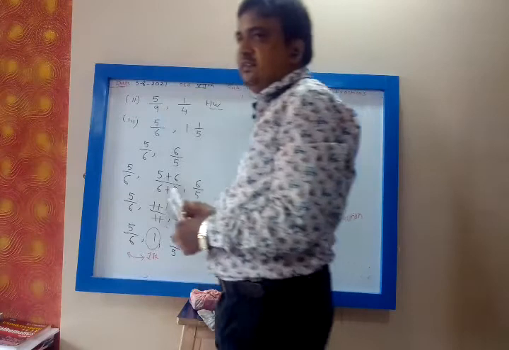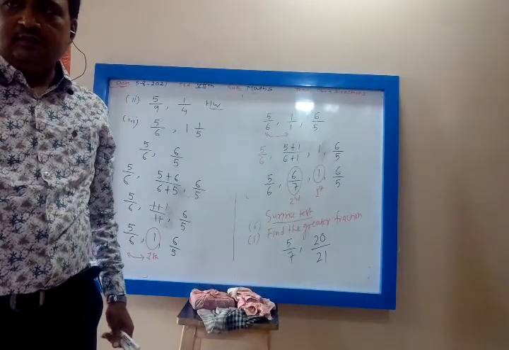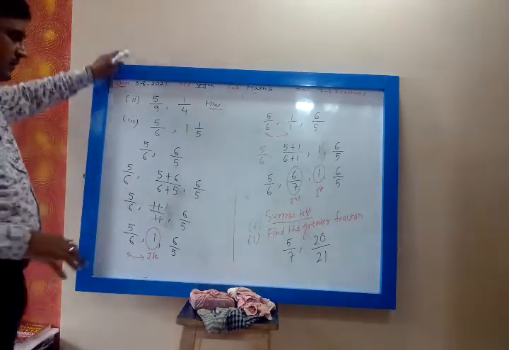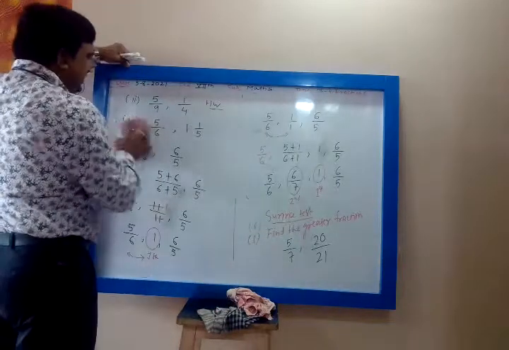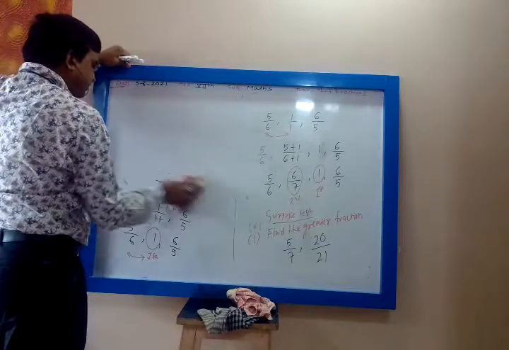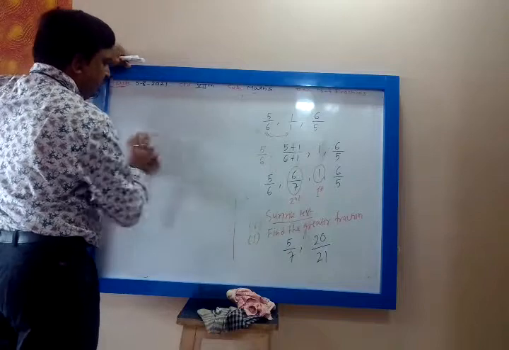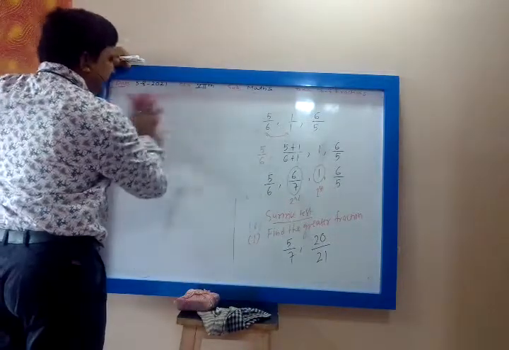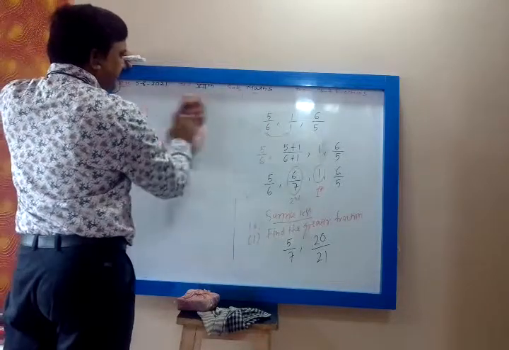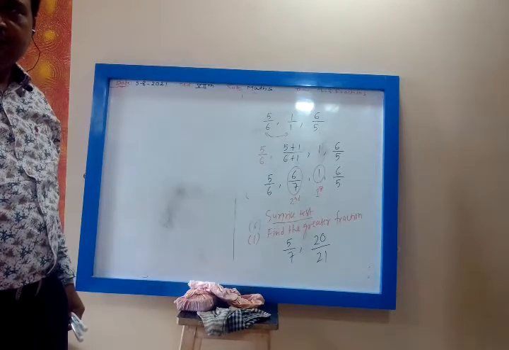Find the greater fraction. I will have a talk with the parent, then I will admit next time. Okay. 5 by 7 and 20 by 21. Do it.